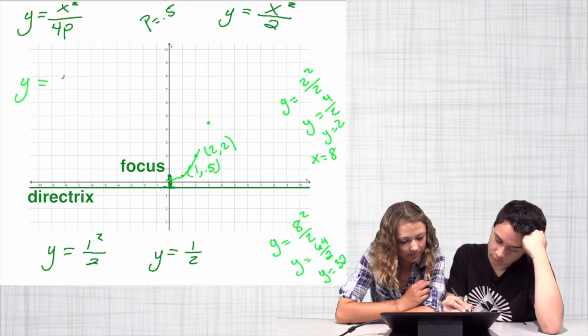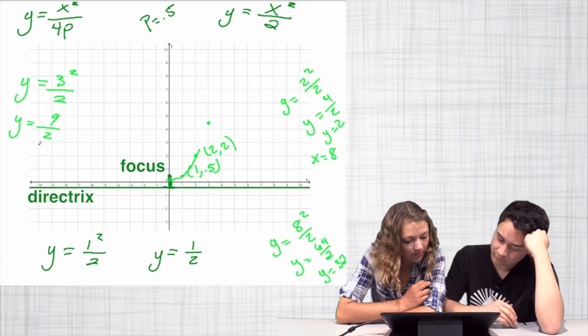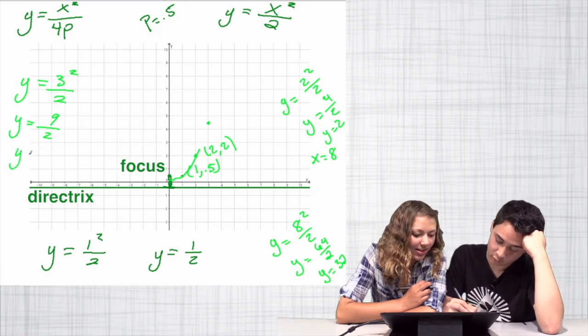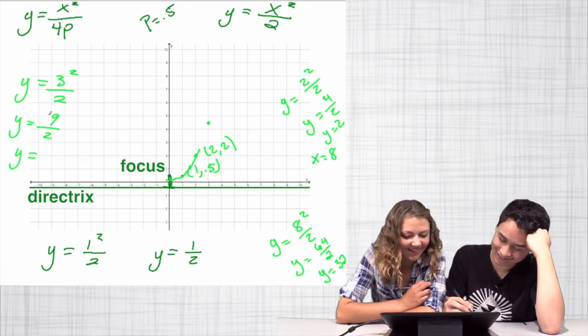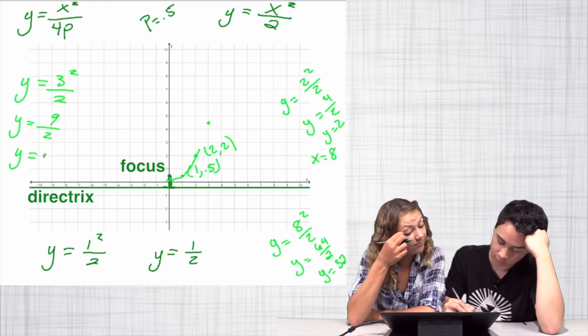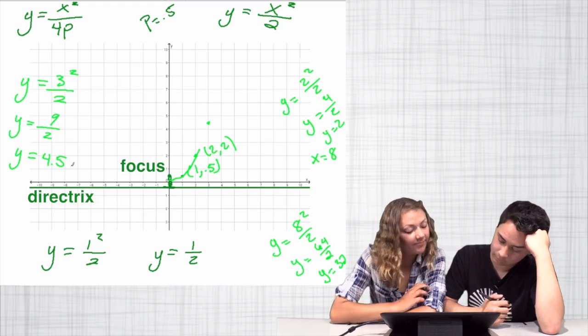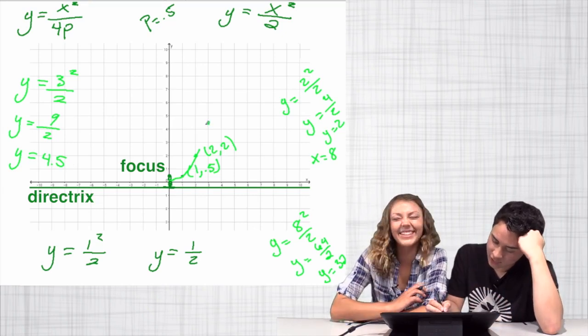Y equals 3 squared over 2. Y equals... nope, see? Didn't work. What does 9 divided by 2 work out to? Oh, it does work. 4.5. Does your conjecture work there, that point? Oh my gosh, yes.